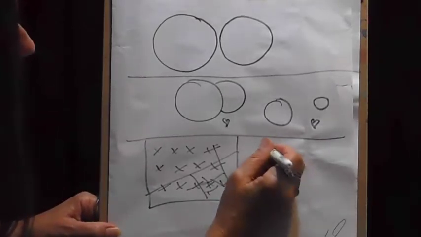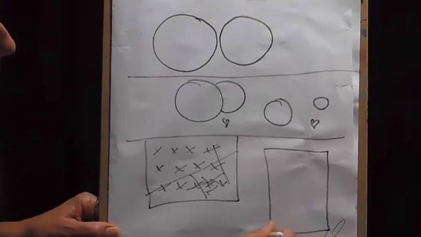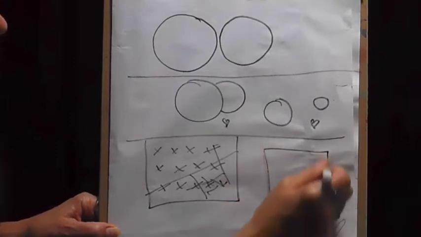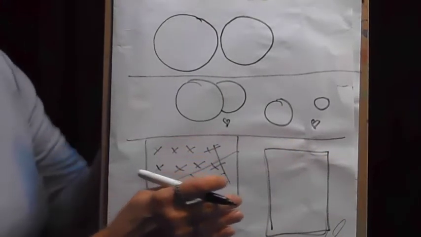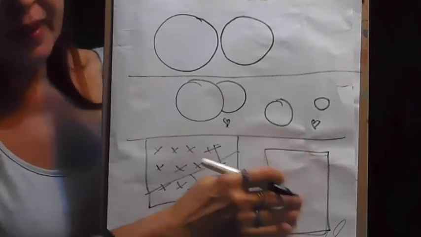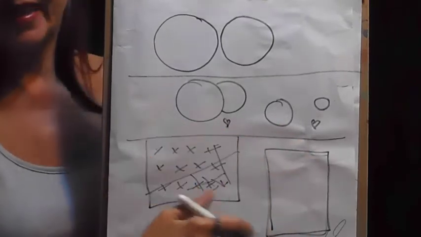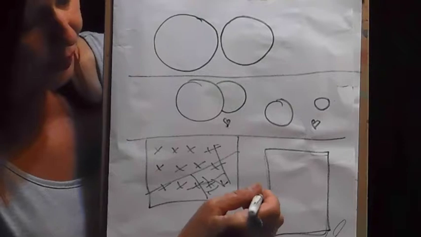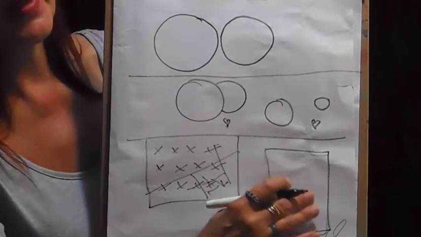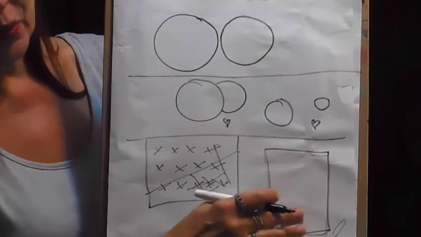The edges of a piece of art represent a bridge between the world inside of the painting and the world outside of the painting. And the viewer is asked to cross over that bridge into this inner world.